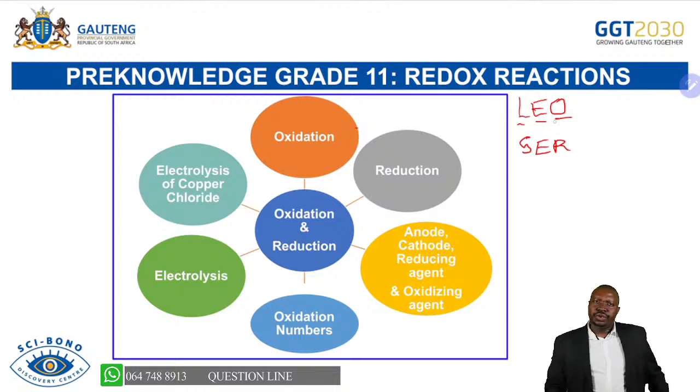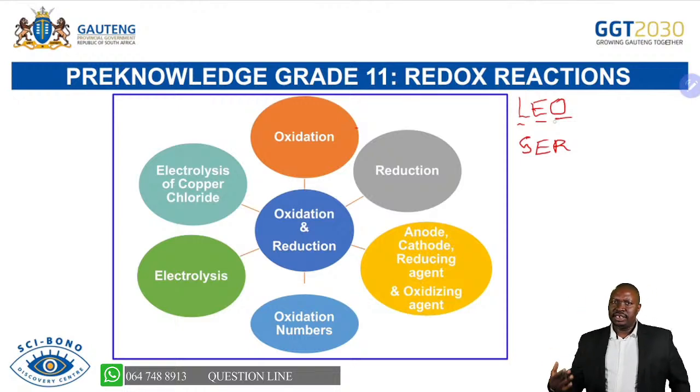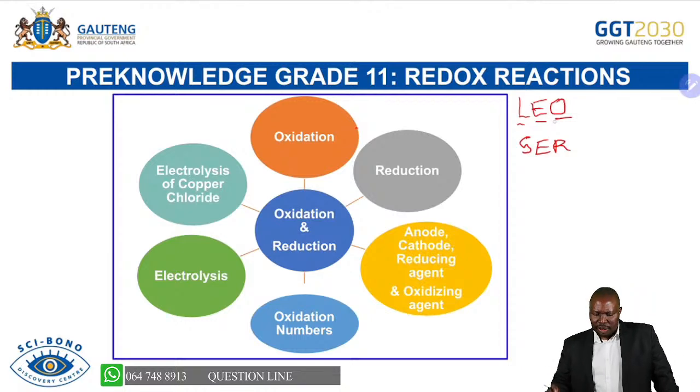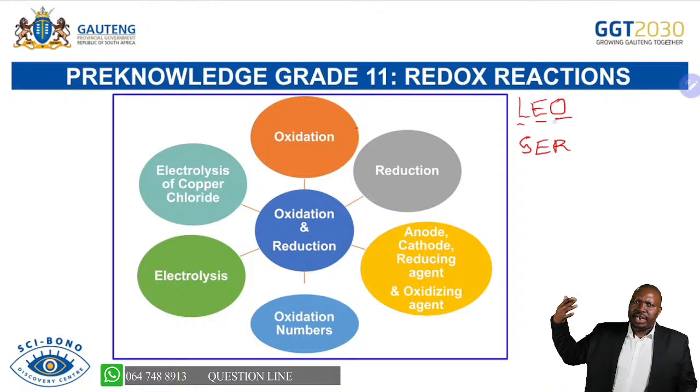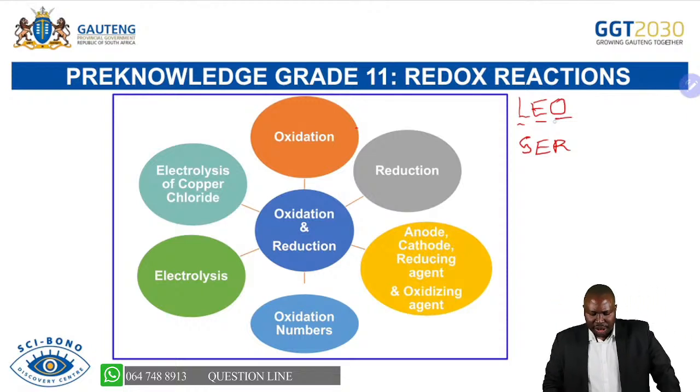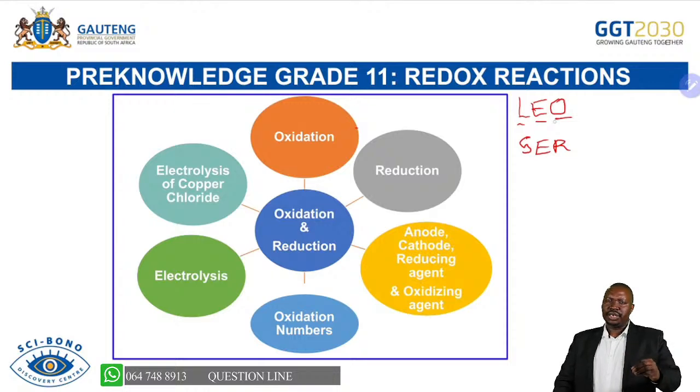Now we are going to use the oxidation numbers as well to define oxidation and reduction, so that you are able to see that when we have a decrease in the oxidation number, that must be reduction, but when we have an increase in the oxidation number, that must be oxidation. So oxidation happens when we lose electrons.